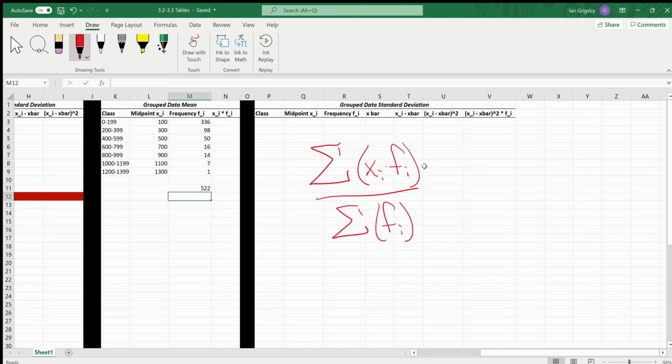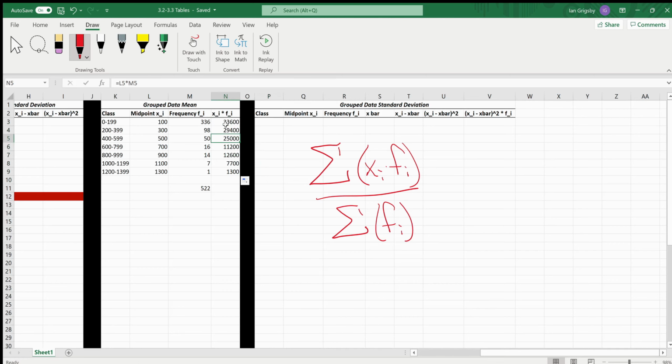Now because of this right here, xi times fi, I need to figure out what those look like. So I'll do equals 100, click on the cell, times 336. Boom, there's 33,600. I multiply all of my midpoints by their associated frequencies, and I get all of these numbers.